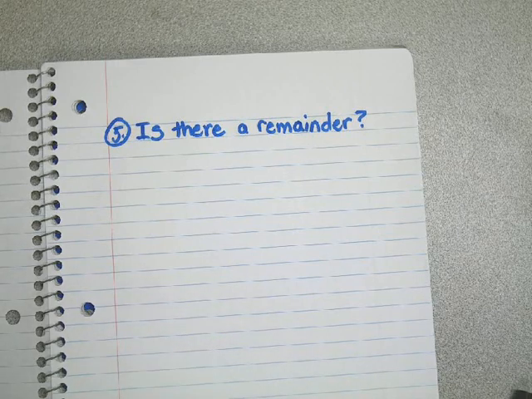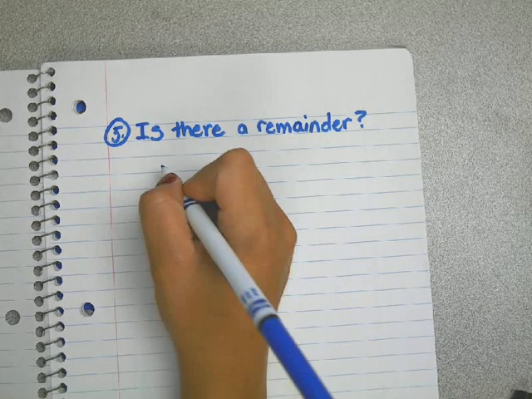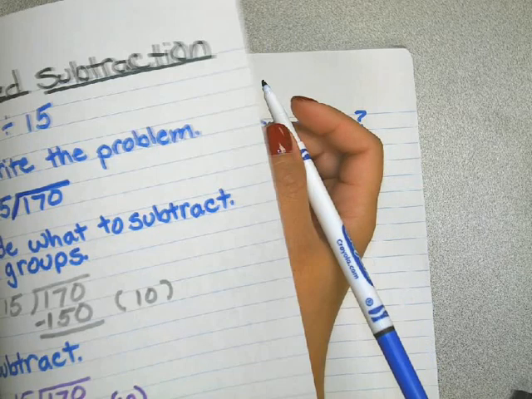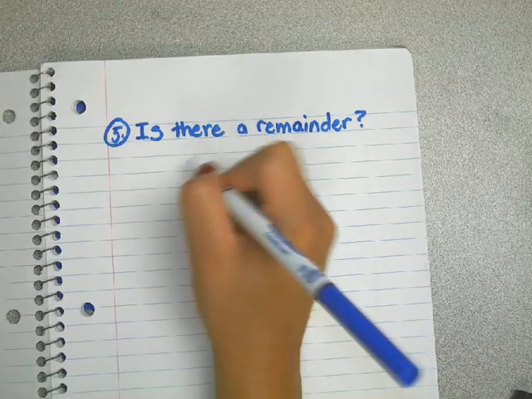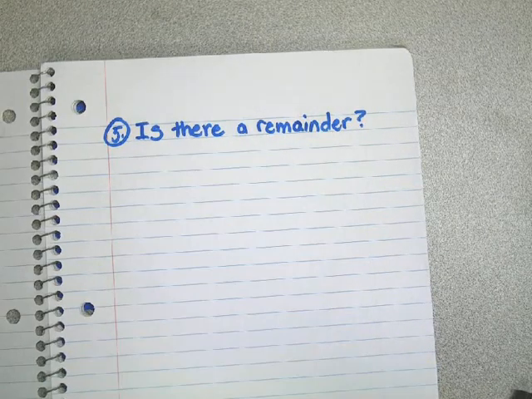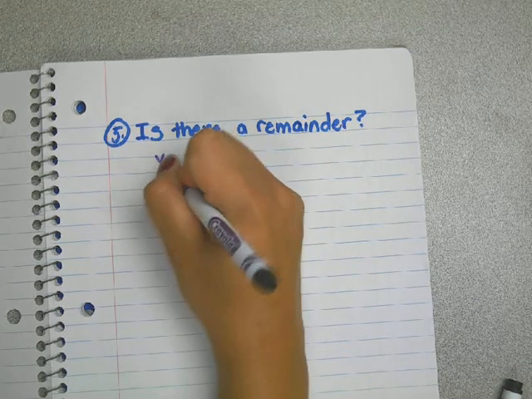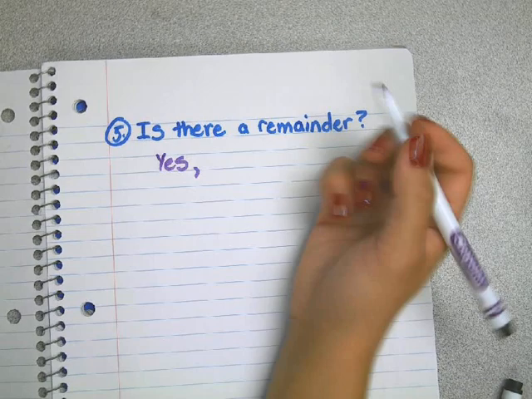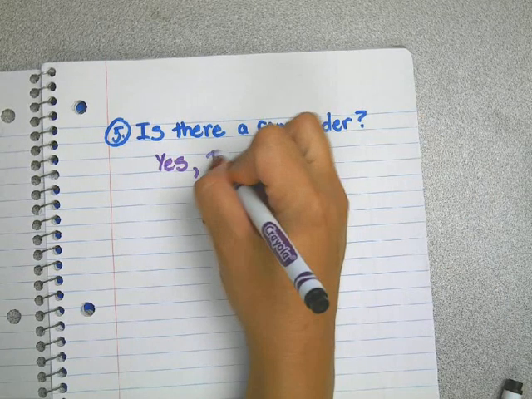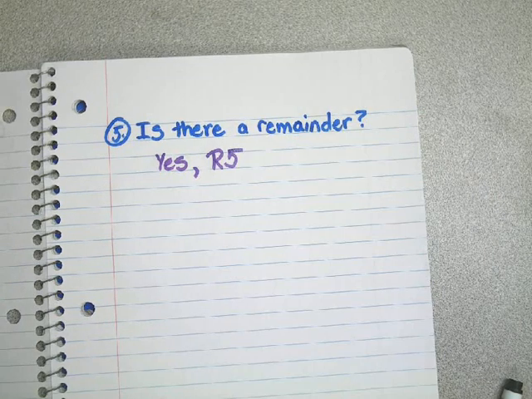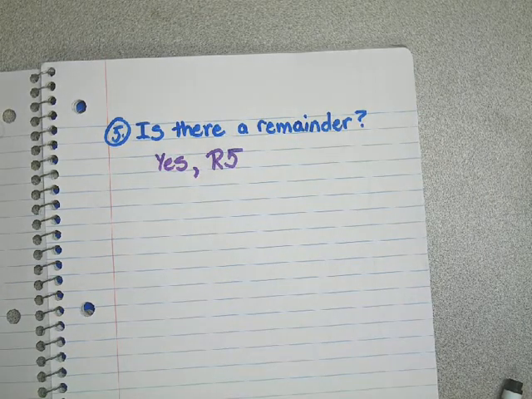Can you fit another group of 15 into 5? No. Therefore, we have a remainder. And in this case, it would be remainder 5. Okay, so in purple, I will write yes. And the way we write remainder is we say capital R 5.